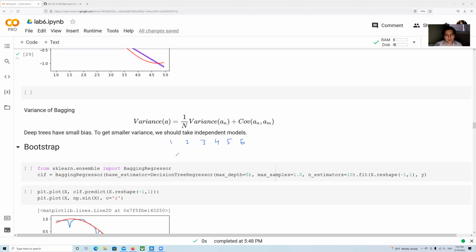We can randomly select 6 numbers, but we can choose one number several times. So, for example, we can select first number 2, second number 5, third number again 2, then probably 1, then 6, and then 3.